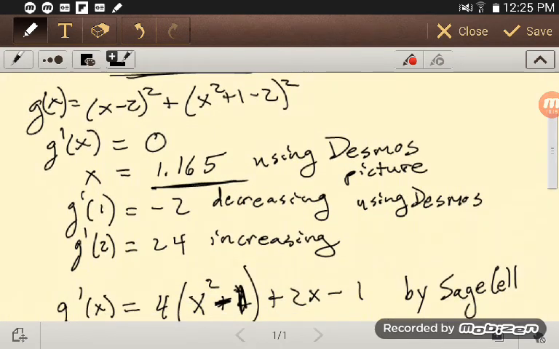You get the idea of setting derivatives equal to 0, finding x that way, that you know you need to check the derivative for increasing and decreasing on each side of your critical number to decide whether you have a minimum or a maximum.